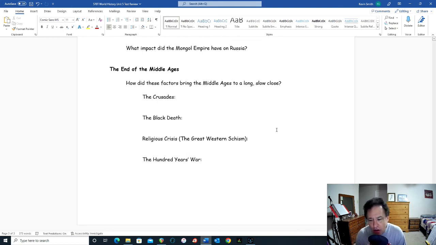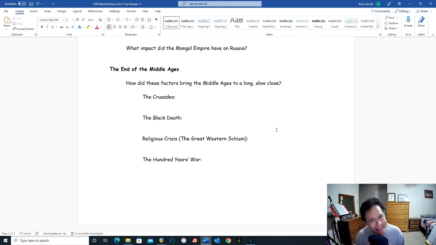And then finally, you had the 100 Years' War. The 100 Years' War introduced new weapons, such as the longbow and artillery. And these weapons made common people more effective on the battlefield and gave them the ability to challenge the military dominance of knights and castles, two big important elements of the feudal system.